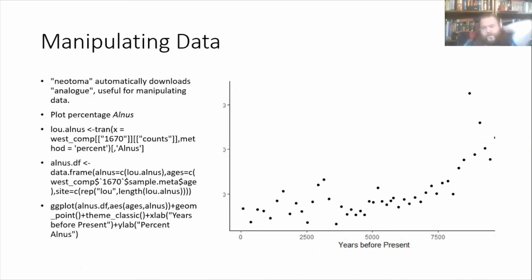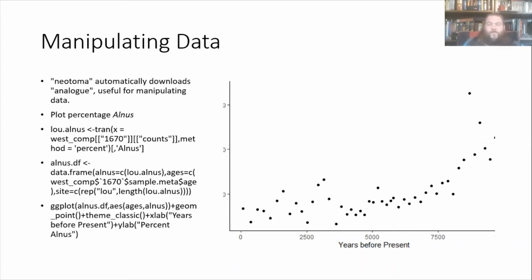So we might want to do some more data manipulation, having gotten this information into our computers, into R. So NEOTOMA automatically downloads a package called analog as part of its machinery.